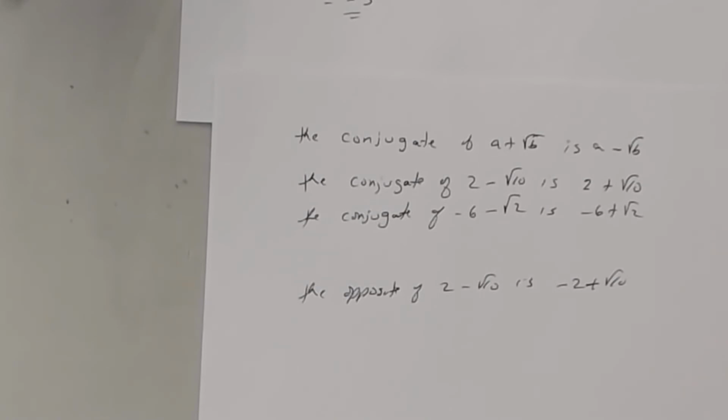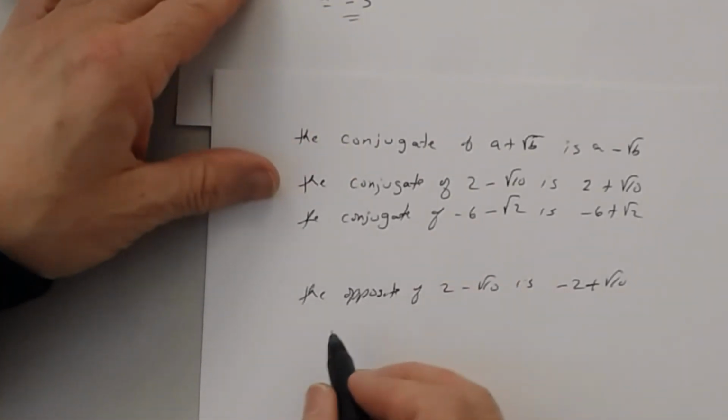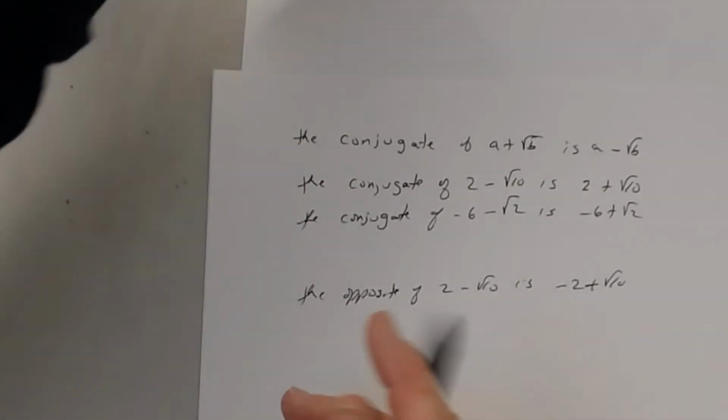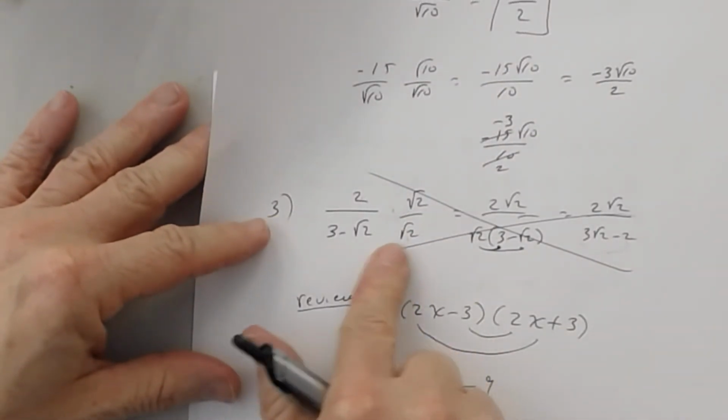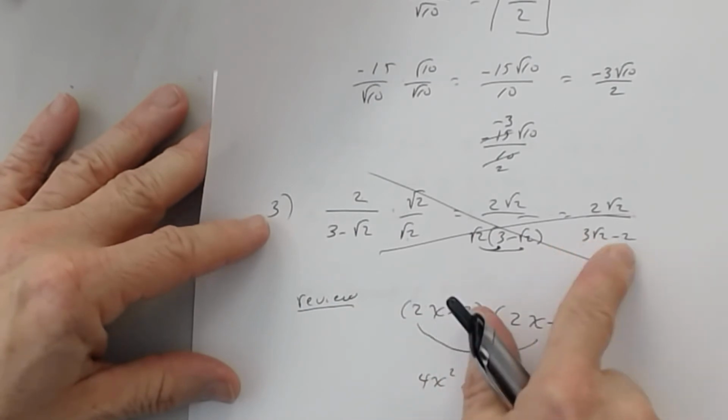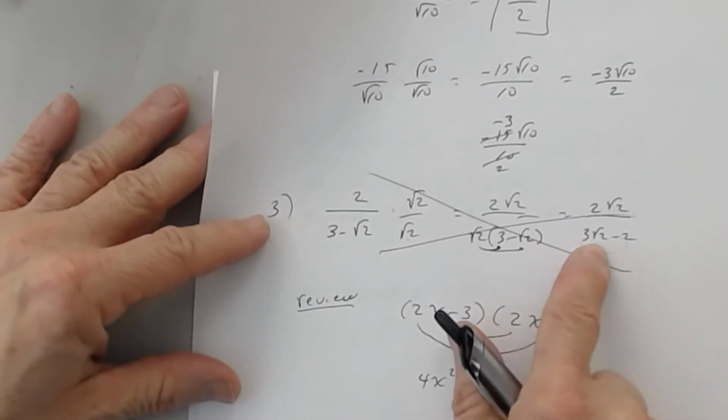Now let's go back to that problem we've been working on. So that's number 3. Remember number 3, a suggestion was to multiply both numerator and denominator by the square root of 2, and you notice that didn't work because you still ended up with an irrational number.